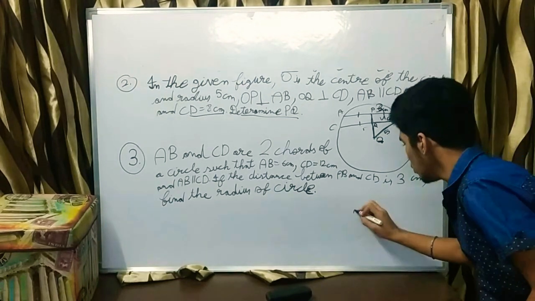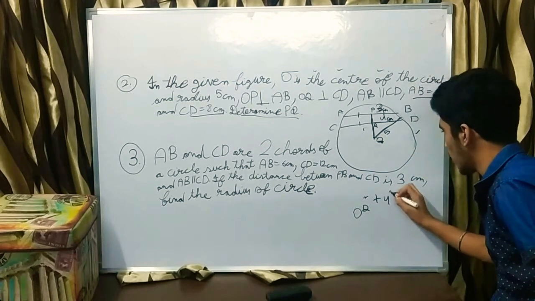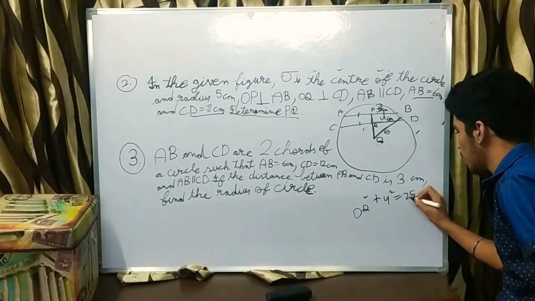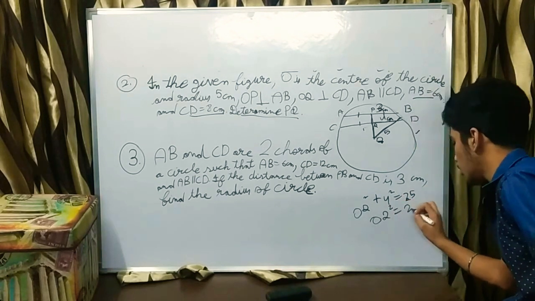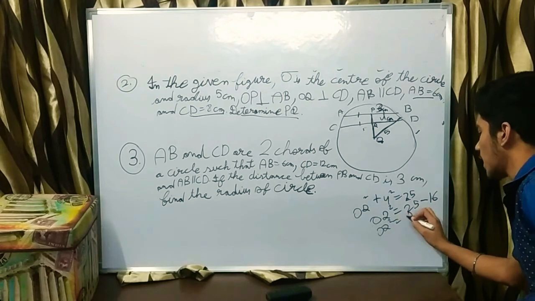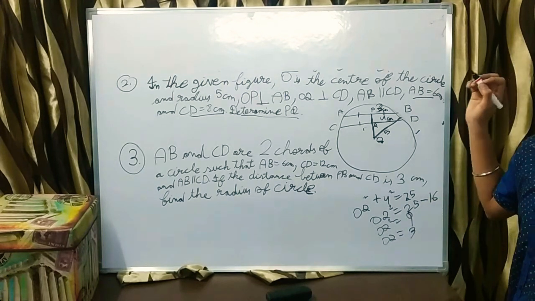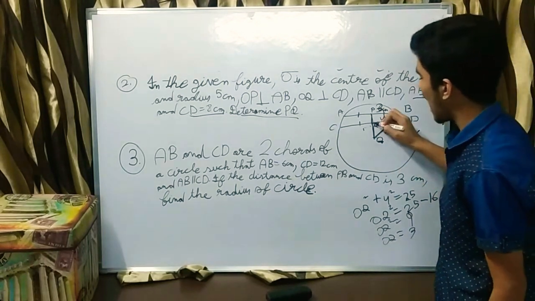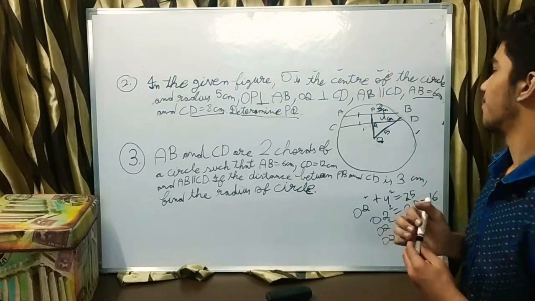Now OQ square plus 4 square is equal to 25, and OQ square is equal to 25 minus 16, which would be equal to 9, so OQ would be equal to 3. So we can say that this OQ's value is equal to 3 centimeter.